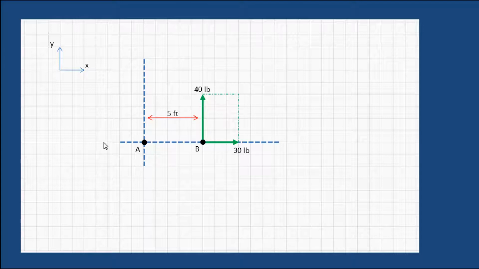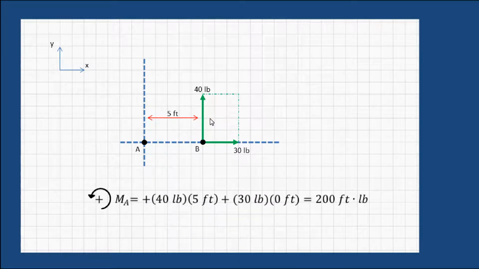So in this case, the original 50-pound force vector can be replaced by its Cartesian components. Keeping both components in our calculation, we find that the 40-pound force would indeed cause a counterclockwise rotation, so it has a positive designation and the magnitude of 40 pounds times its moment arm of 5 feet.